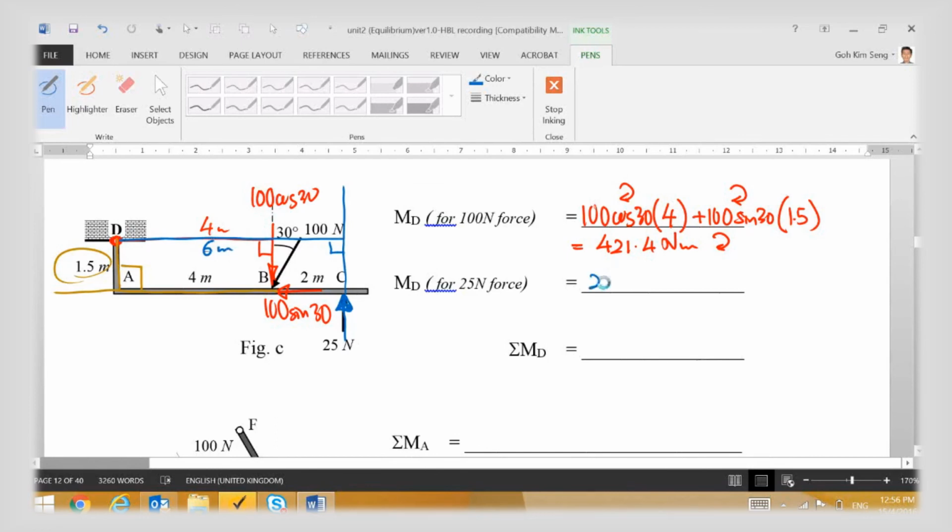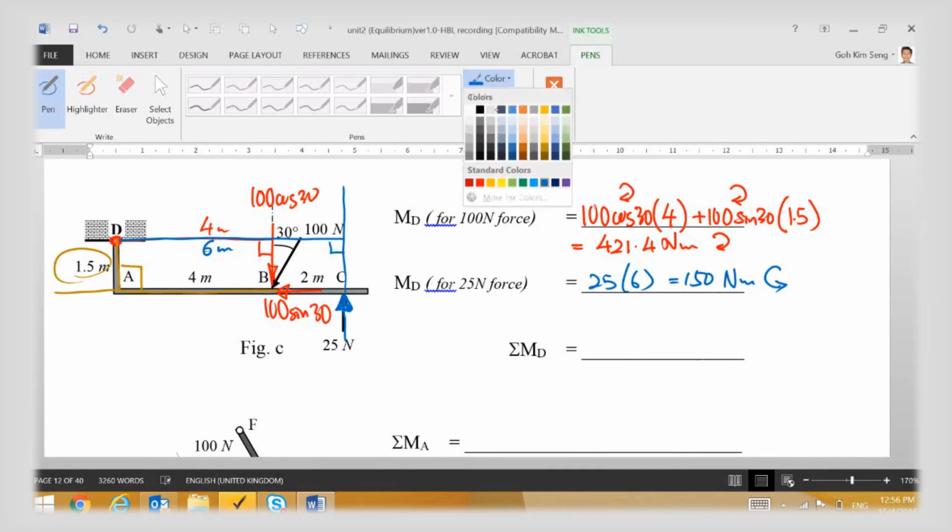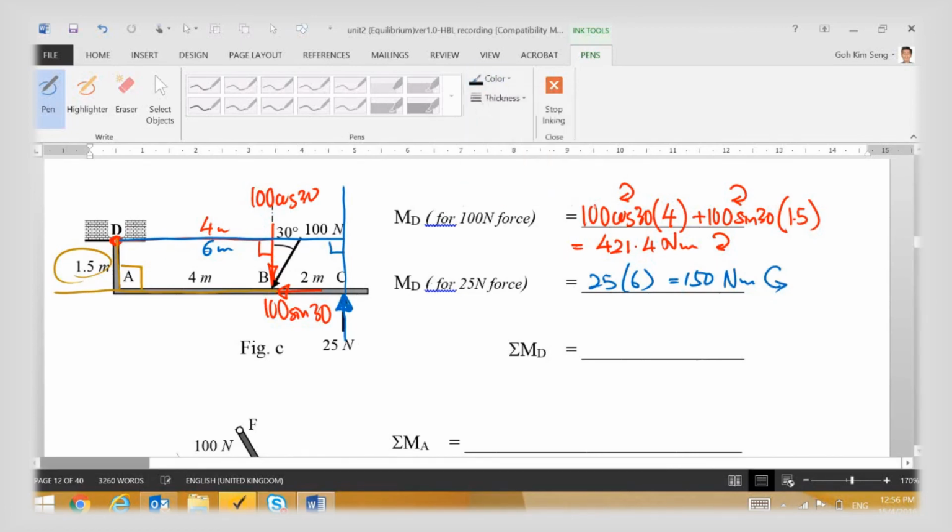So we have 25 times 6, which is 150, and this is anti-clockwise. Now we are ready to sum it up. So we have 421.4 minus 150, and we get 271.4 Newton meter, still clockwise.